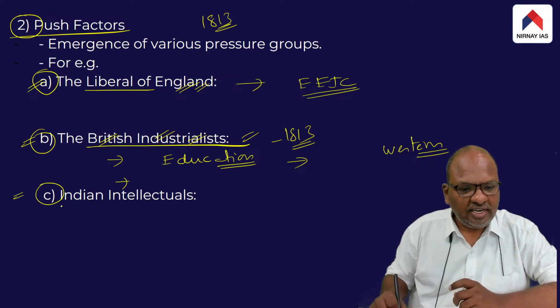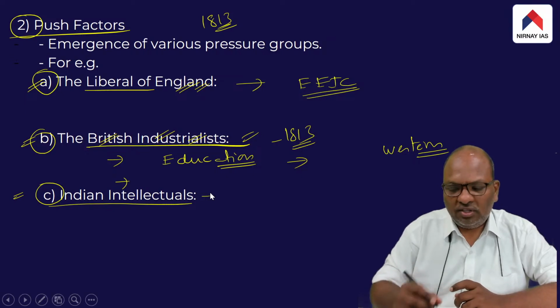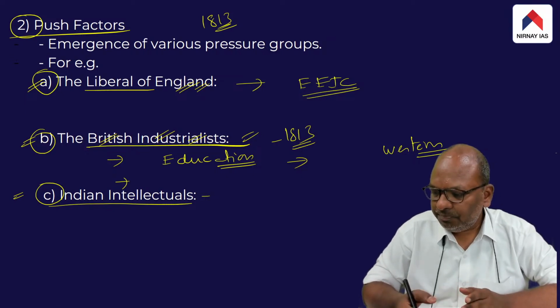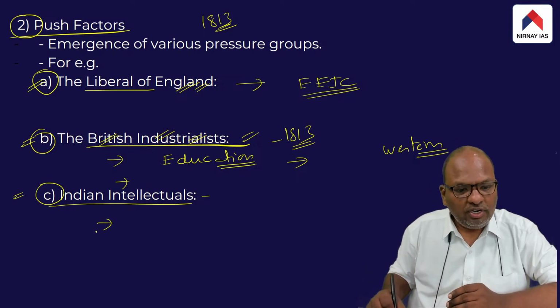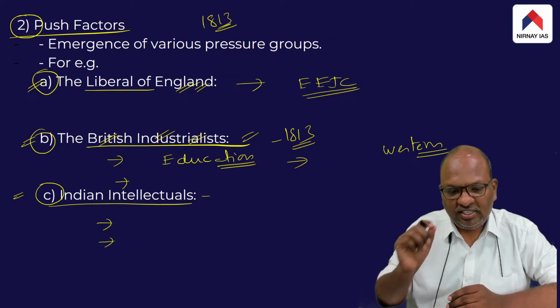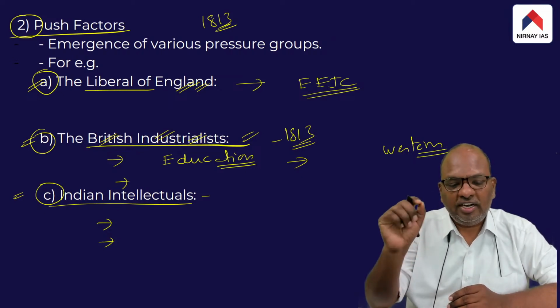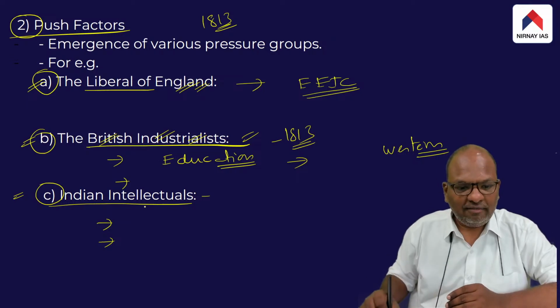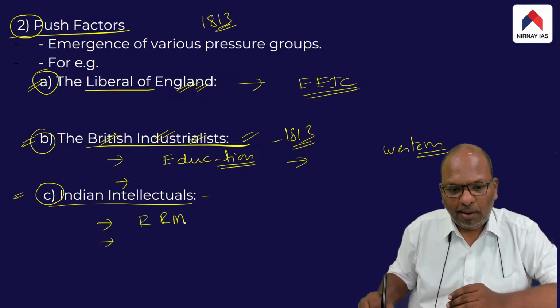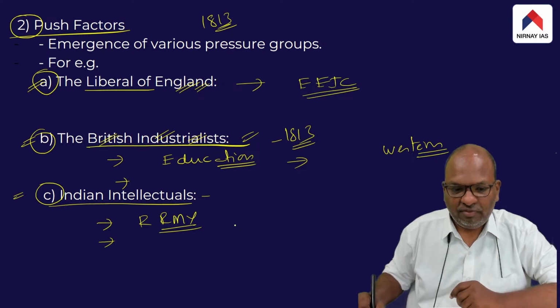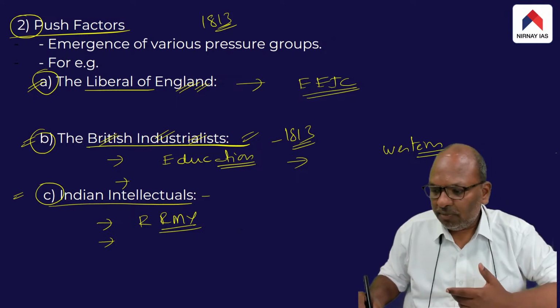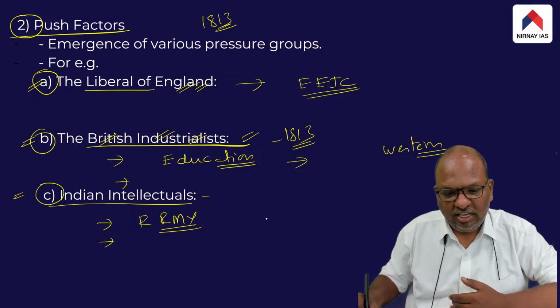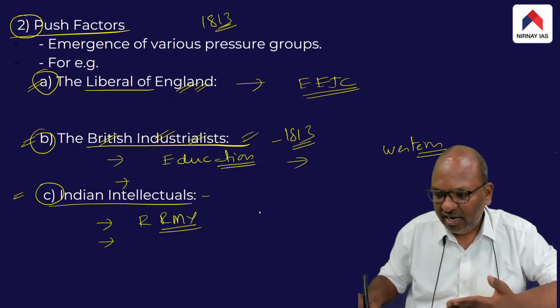And third is the Indian intellectuals. So the educated sections of India also began to demand that the company, that is the East India Company, should spend money towards education. For example, we have intellectuals like Raja Ram Mohan Rai, who was very active in carrying out social reforms in India in the first half of the 19th century AD.